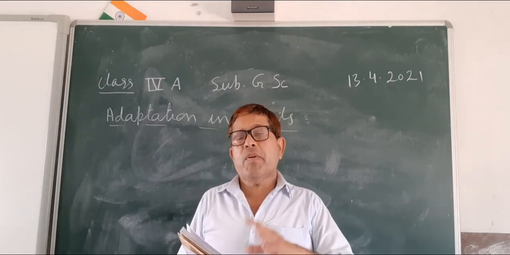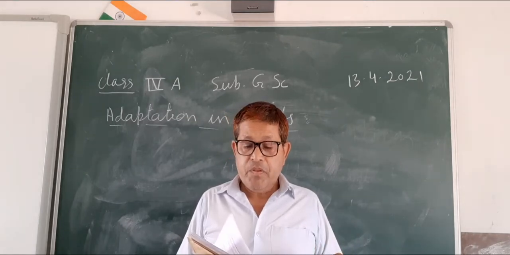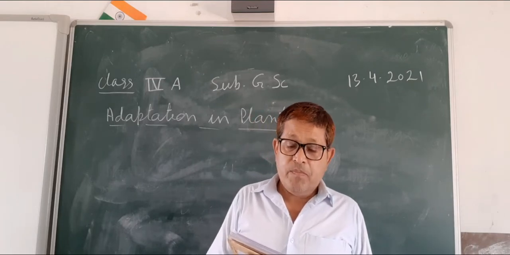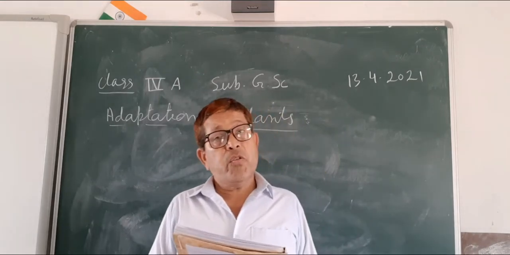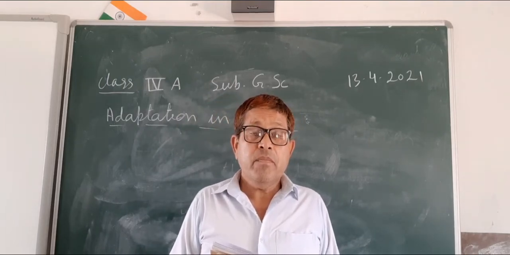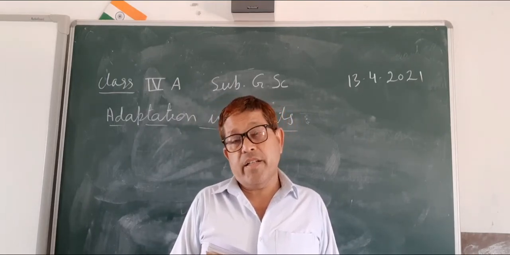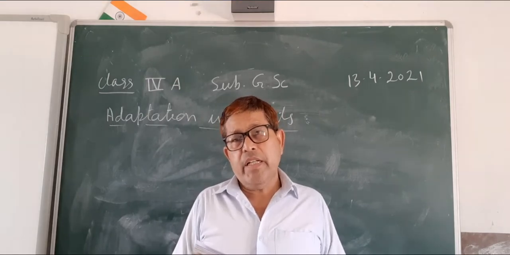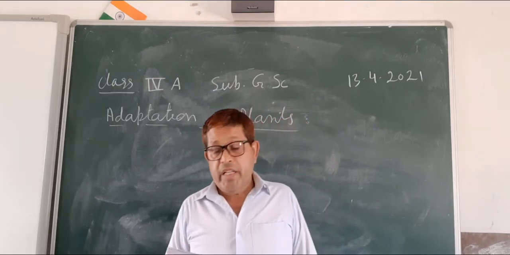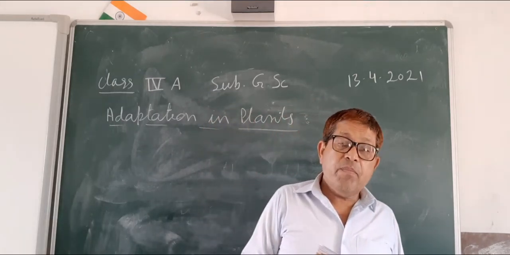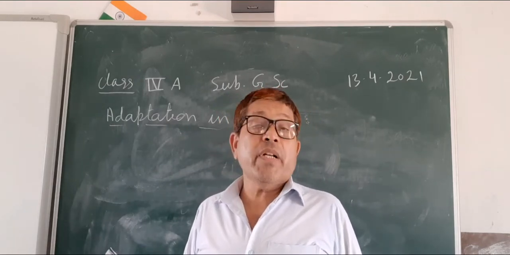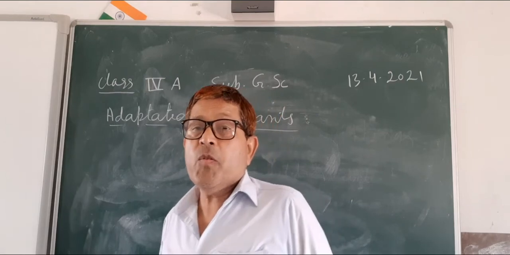It is not gulmohar, that is a pine. Third, it is rose or lotus. It is not a rose, but it is a lotus plant. Now next, neem or cactus. It is not a neem plant, but it is a cactus plant. Now next, fifth diagram you see, it is mango or banana. Mango plant or banana plant. It is not a banana plant, but it is a mango plant.